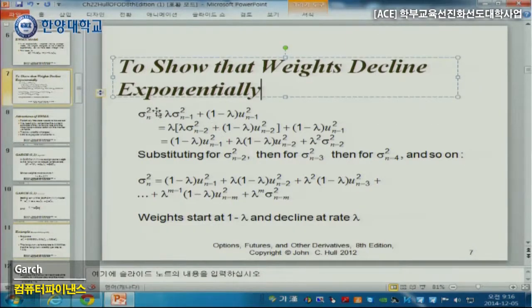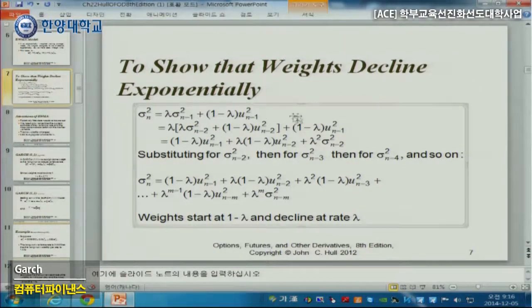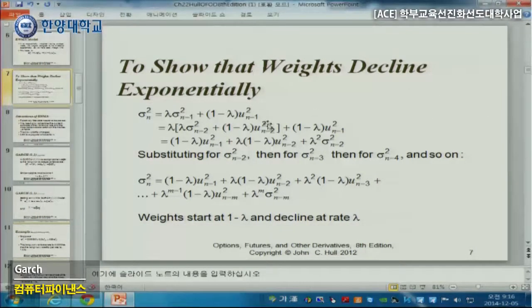So sigma n square is lambda sigma n minus 1 square plus 1 minus lambda u n minus 1 square, right? And then sigma n minus 1 square is lambda sigma n minus 2 square plus 1 minus lambda u n minus 2 square, something like that.